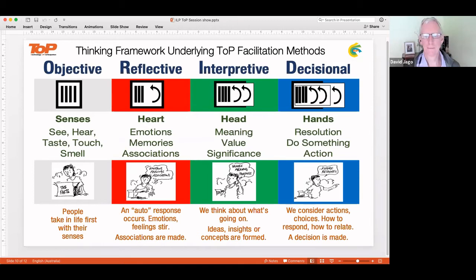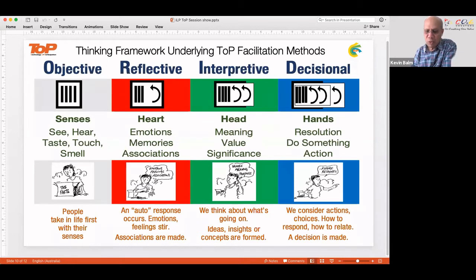The premise of this meta ToP structure is that awareness of our experience of a particular situation is initiated at a sensory level. We absorb and begin interacting with the situation we find ourselves in through our senses.